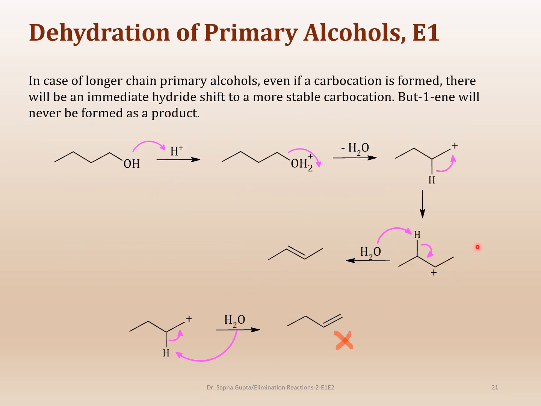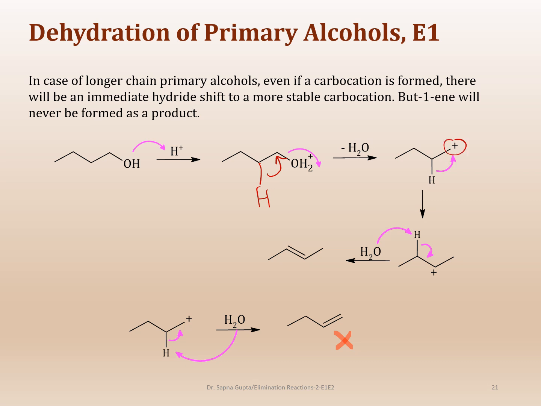So here is another one where you can actually use a primary alcohol, but now this one will be via E1. Okay, how is it E1? In this case, once you do the protonation and then this is gone, then you form a carbocation. Now this actually will not form on its own. I didn't write it over here because I said I will explain it to you, and I may write it separately, but generally these steps happen at the same time because primary carbocations are not very stable.